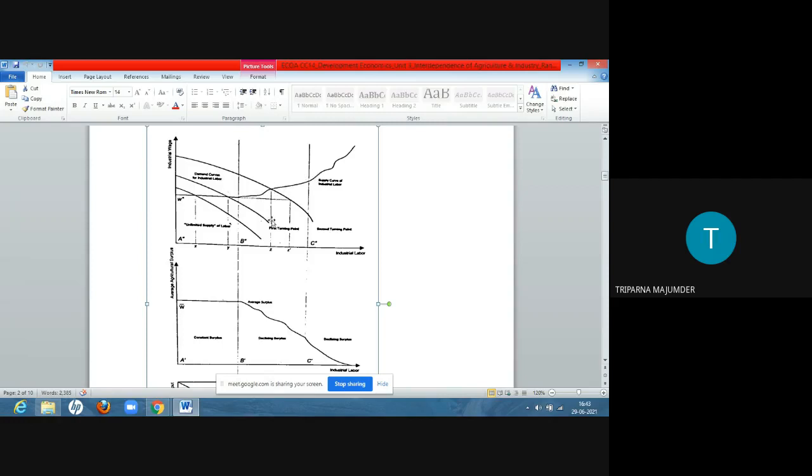So the employment is Z. It rises from, say, Y to Z. However, it would have risen even further to, say, point Z dash if our wage had been fixed at this level. So this would have intersected this marginal product or demand curve at this point, and we could have got the employment level at Z dash.